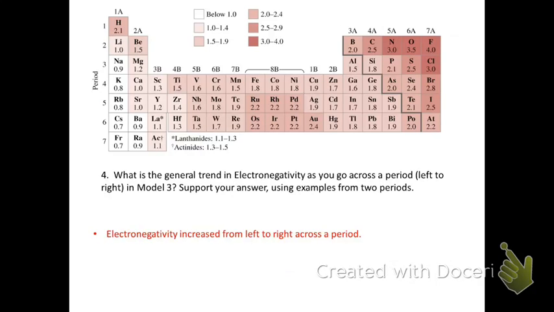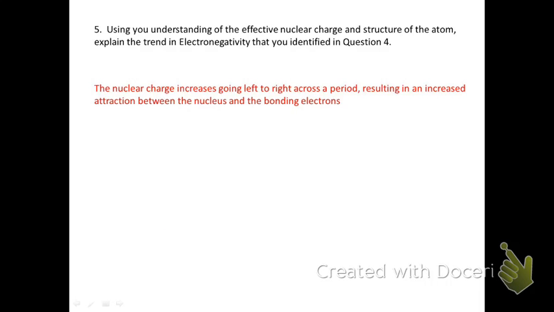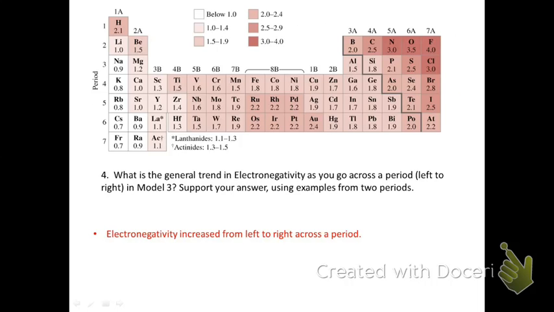All right, so we can actually do an example problem real quick. If we go back to our periodic table and look at electronegative values, let's form a bond between, let's say, carbon and oxygen. So carbon has an electronegative value of 2.5 and oxygen of 3.5.